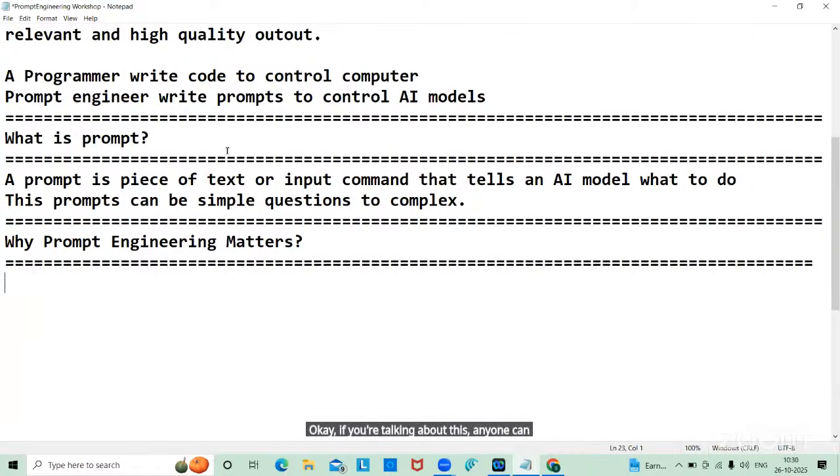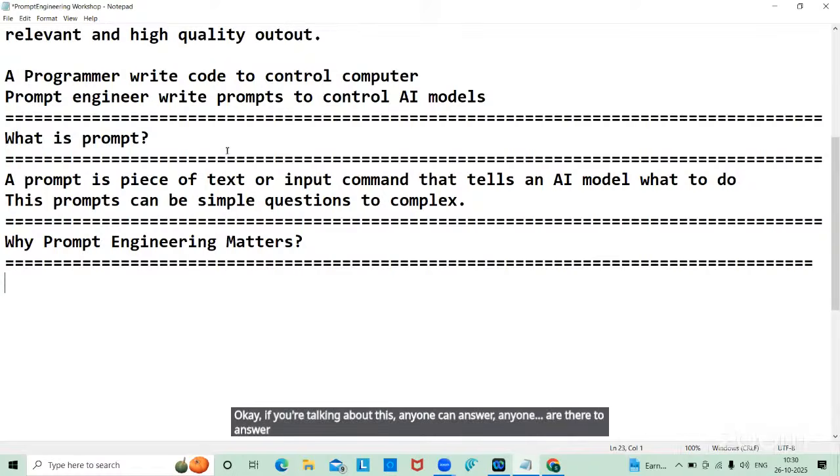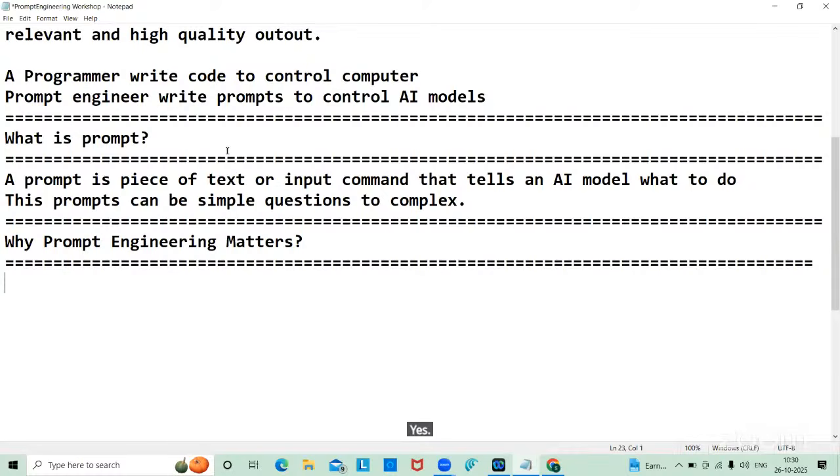Anyone can answer this: what is generative AI? It generates new text.